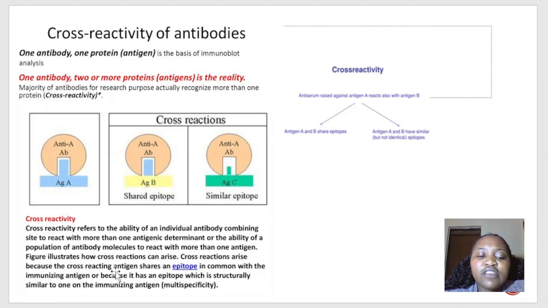So cross-reactions arise because the cross-reacting antigens either share an epitope with the immunizing antigen, or have an epitope which is structurally similar to one of the immunizing antigen, what we call multispecificity.